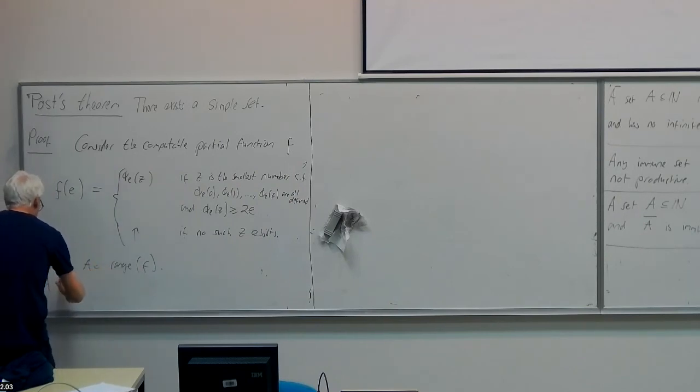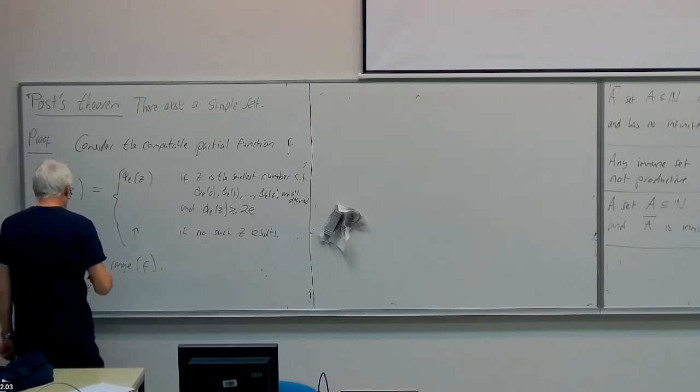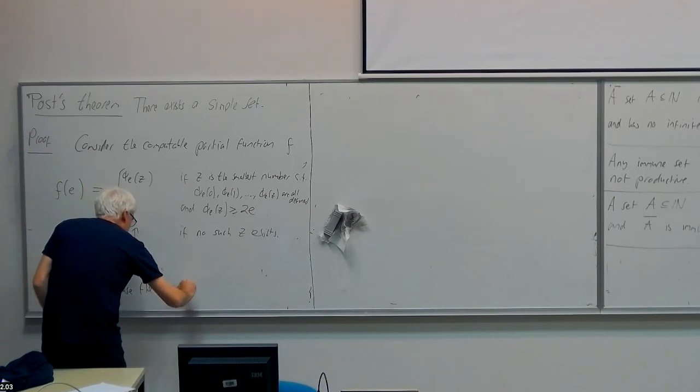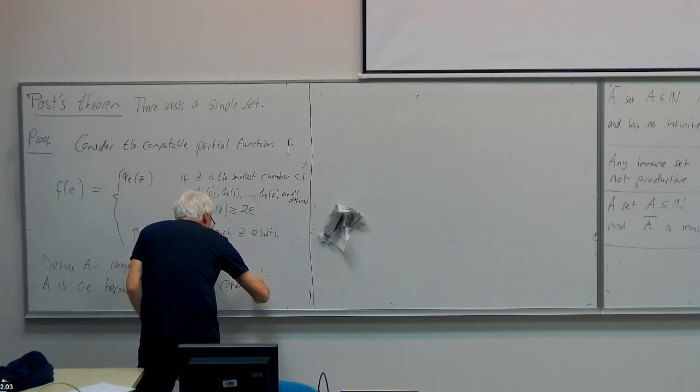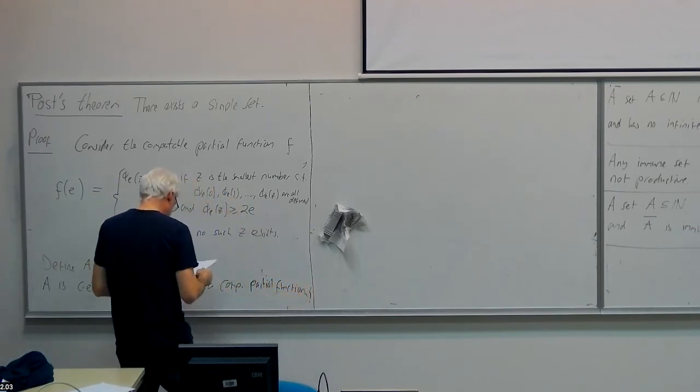So A is computably enumerable because we saw two lectures ago that the image of a computable partial function is a computably enumerable set.